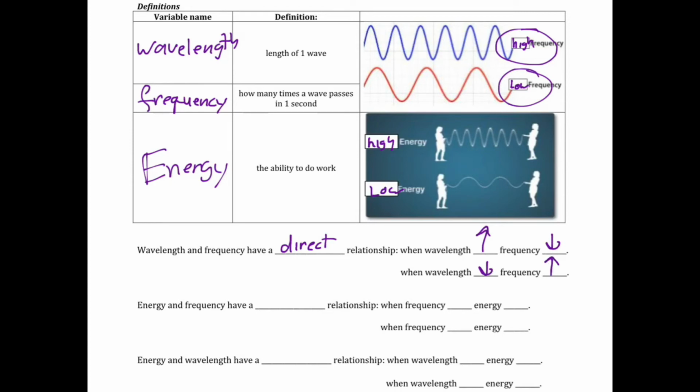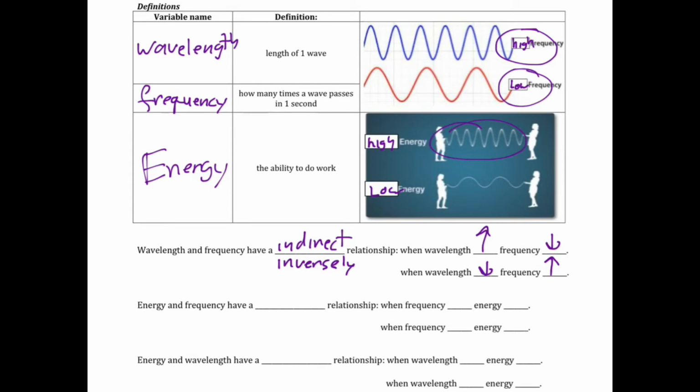So when one goes up, the other one goes down. And I'm really sorry, it's not direct, it's indirect. I want you to write underneath this: inversely. They are inversely related.